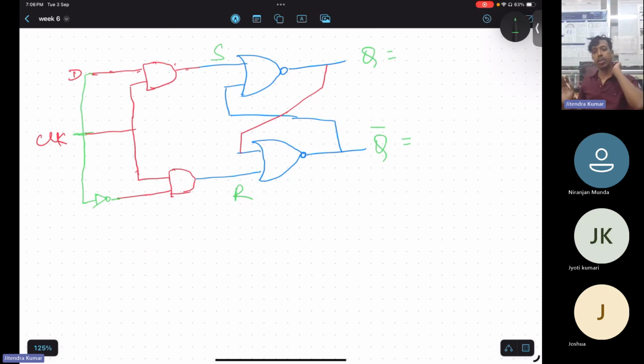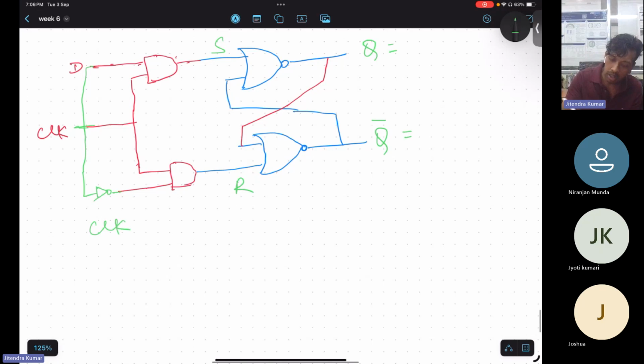Otherwise, they will remain in the previous state. Whatever the state is maintained there until you give clock pulse, your output will be similar to whatever state it was before.